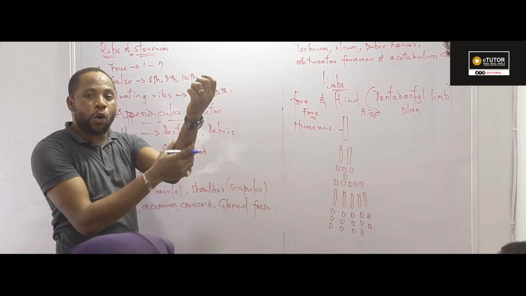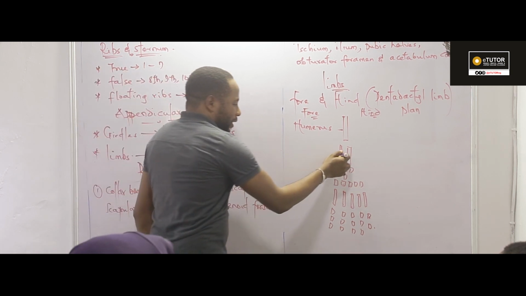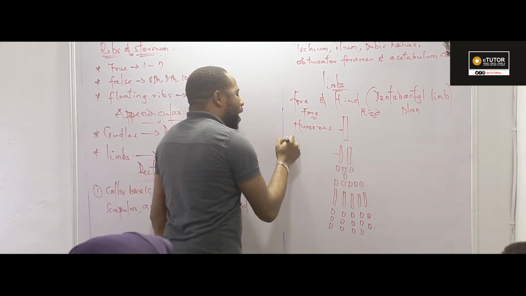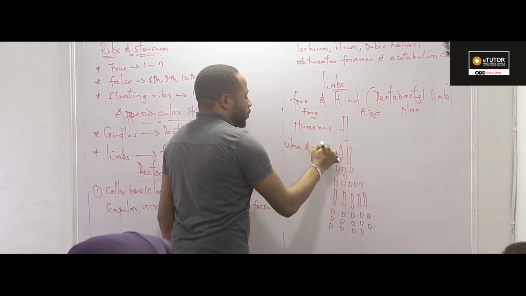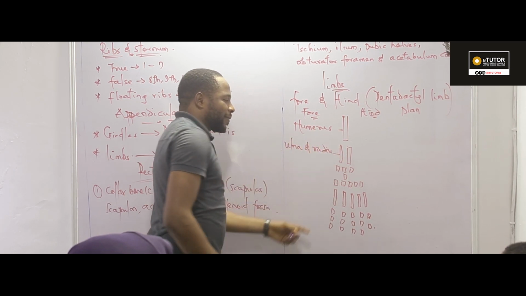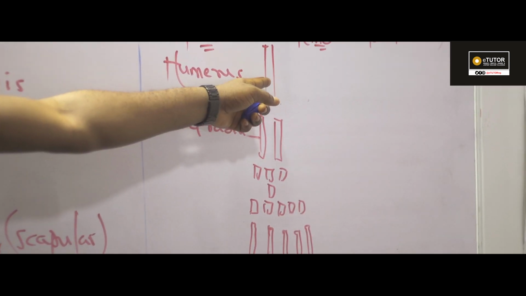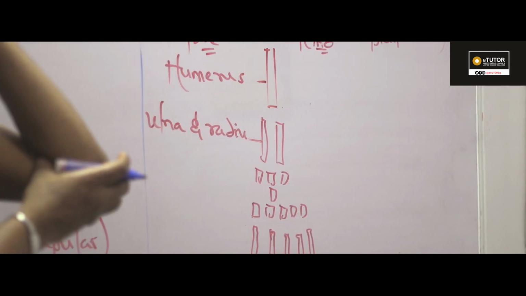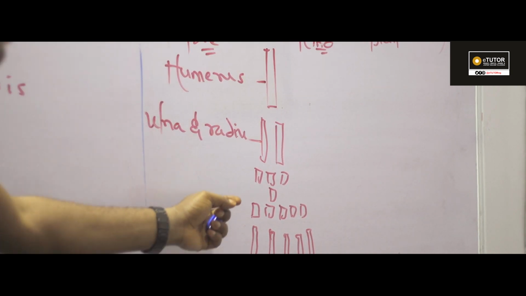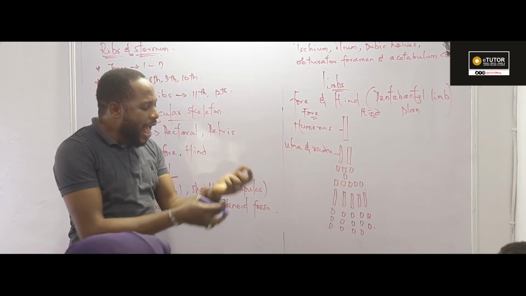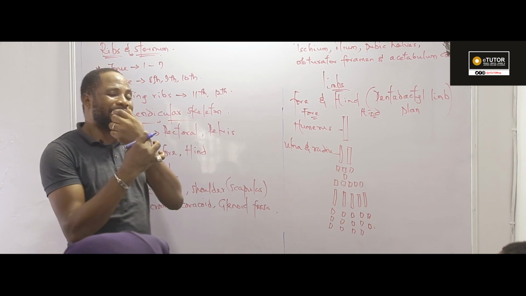After the bone of the upper arm, we have two bones in the lower arm. They are called ulna and radius. They articulate with the humerus to form a hinge joint at the elbow. After that, we have 9 small bones in our wrist.